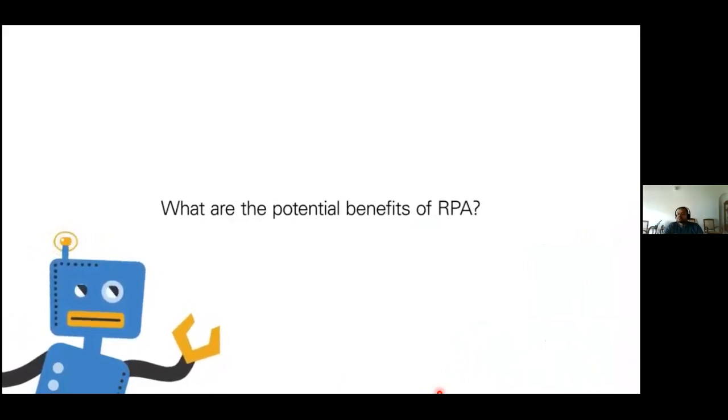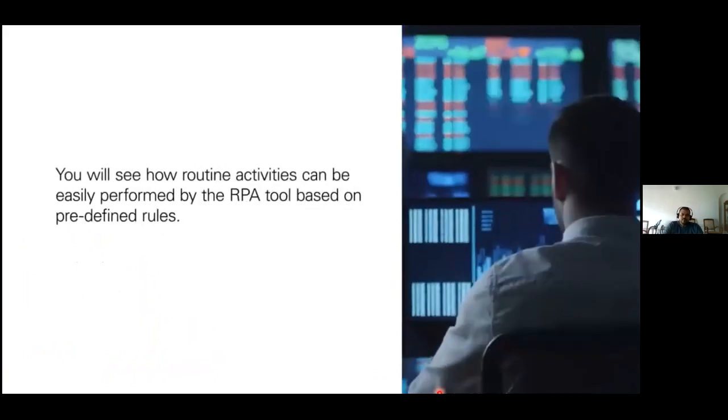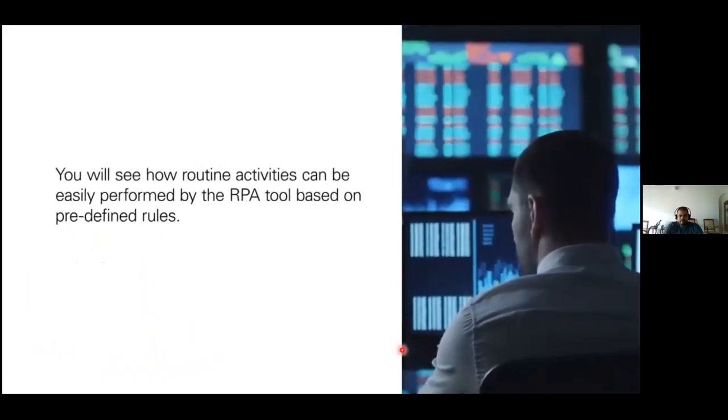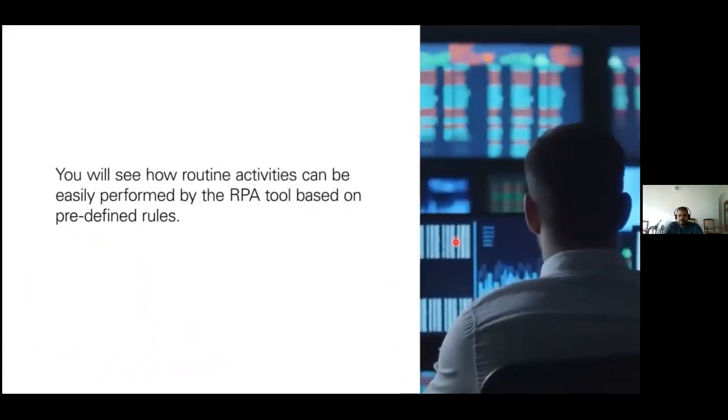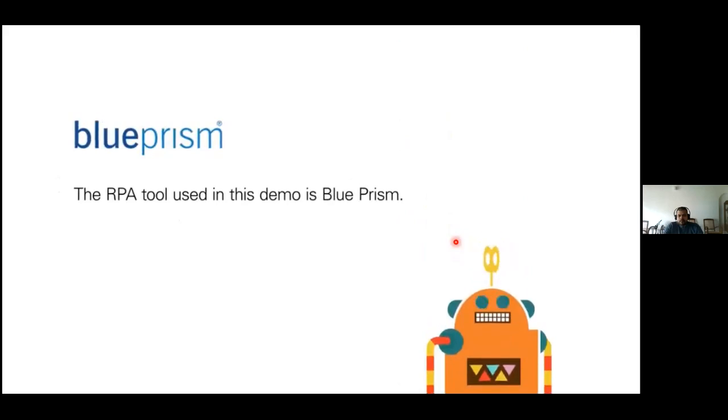They are designed to require relatively low investment or expenditure. This demo shows how a process such as the creation of invoices is executed by an RPA tool. You will see how routine activities can be easily performed by the RPA tool based on predefined rules. The RPA tool used in this demo is Blue Prism.